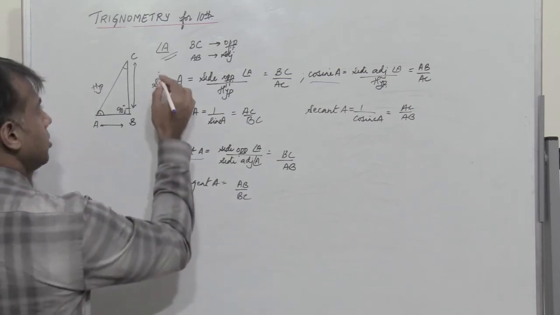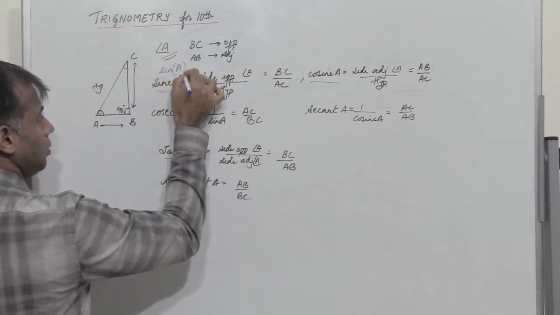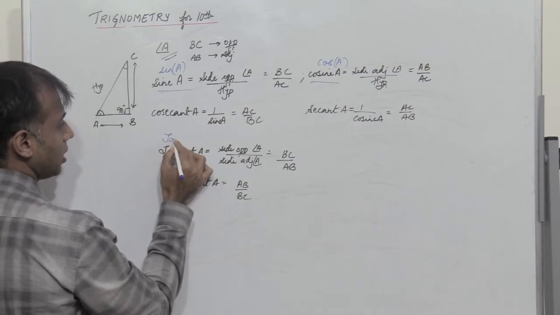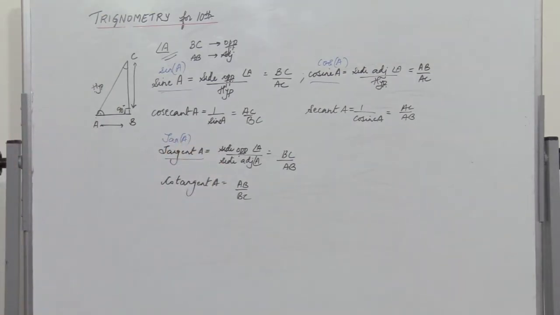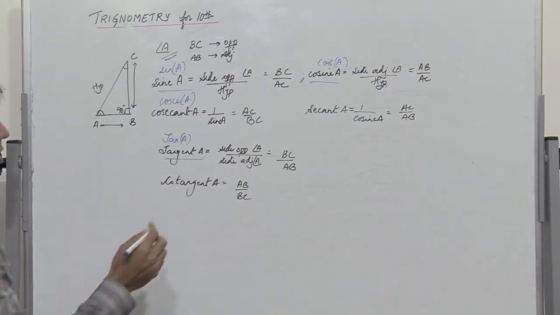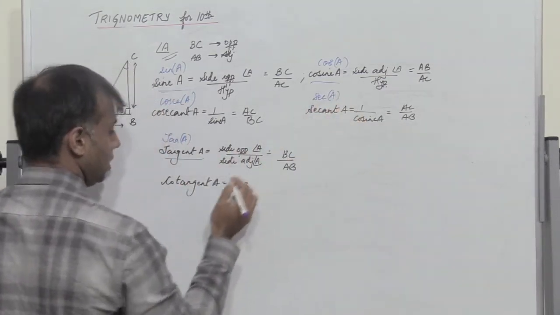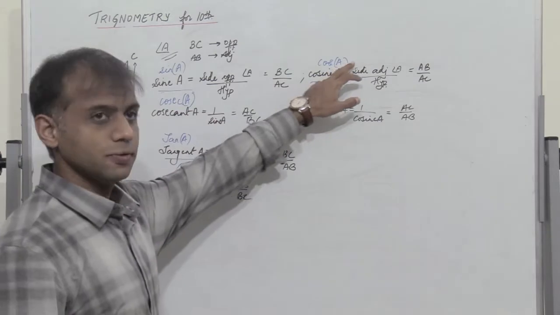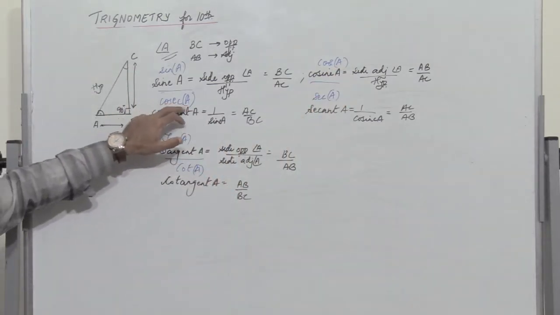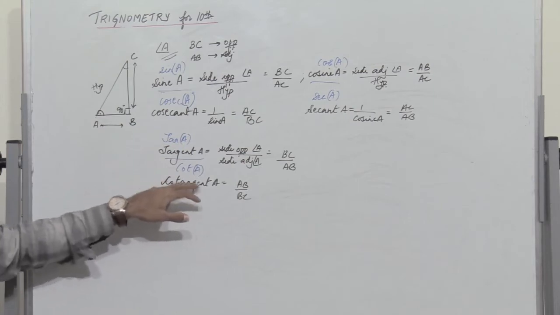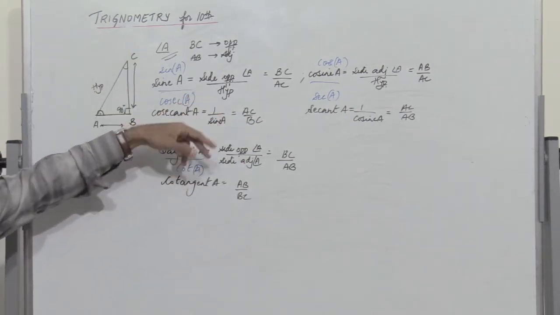Now for simplicity we write sine A as sin of A, cosine as cos of A, tangent as tan of A, cosecant as cosec A, secant as sec A, and cotangent as cot of A. Now we have defined these ratios with respect to angle A.